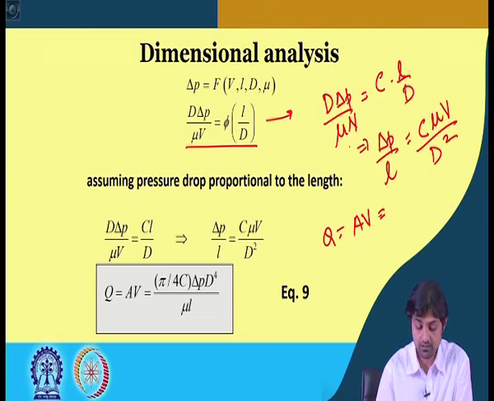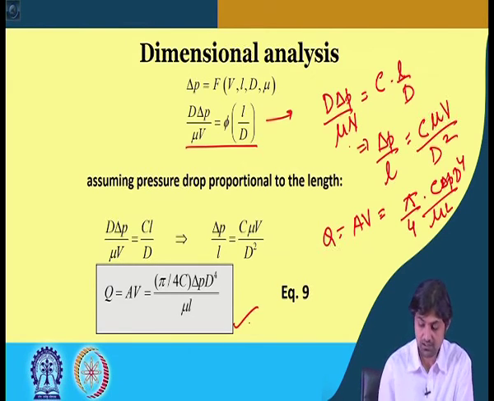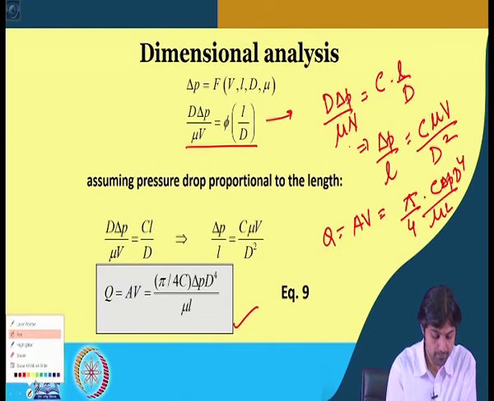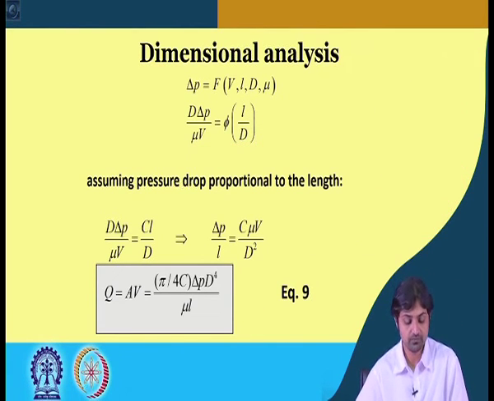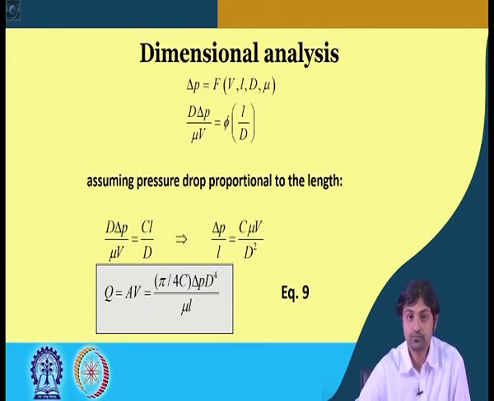So area is pi by 4 d square, therefore we will get pi by 4 into c delta p d to the power 4 by mu L as this equation. All right. Now you see there is some constant called c.